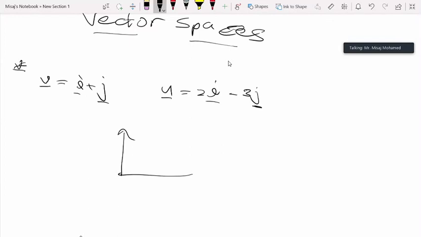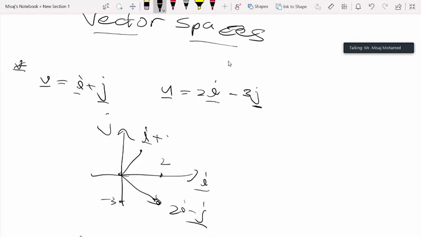Here with i and j, somewhere here is 2i minus j, with minus 3 and 2. This is 2i minus j. This is i plus j, right?